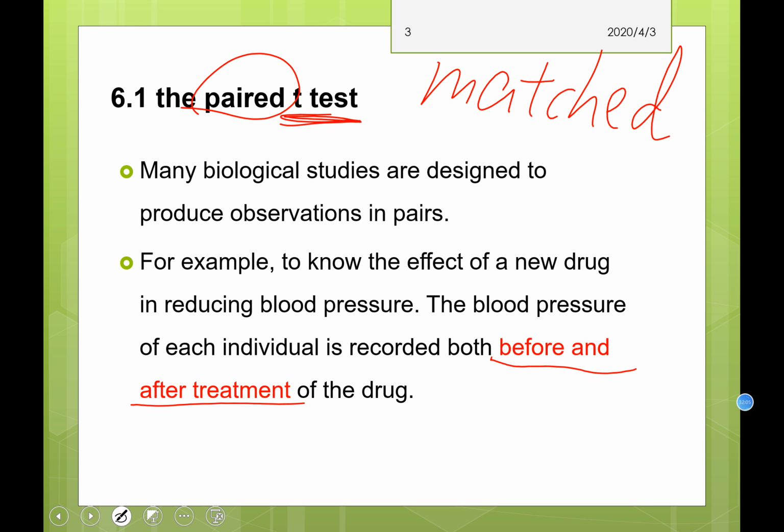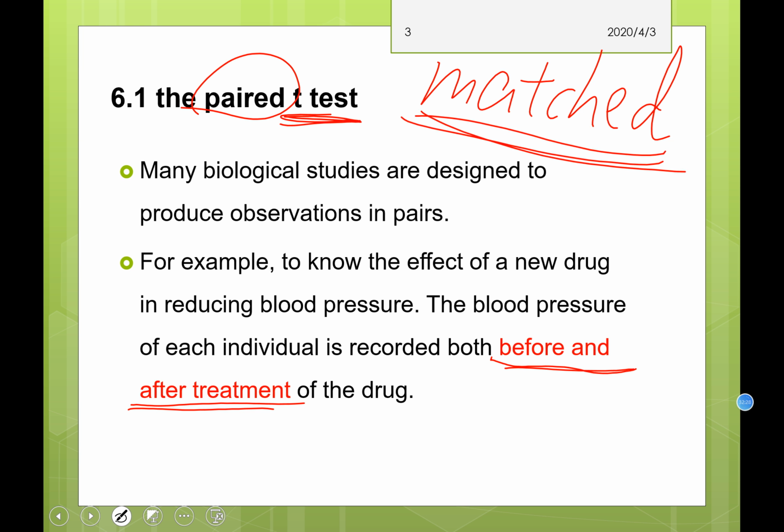But please notice that before and after can be considered as keywords for paired samples, but there are still some other keywords. For example, matched.